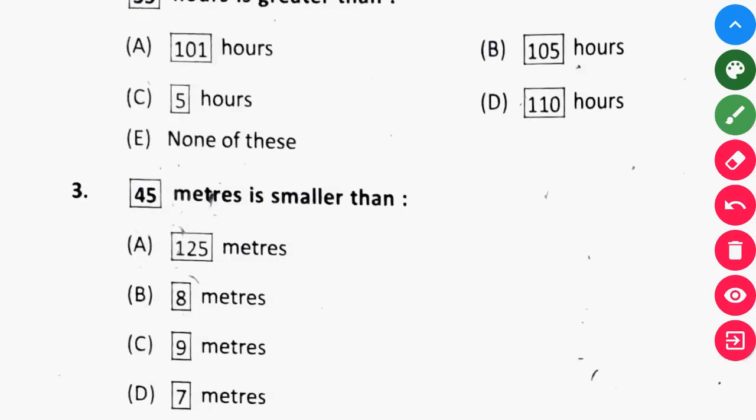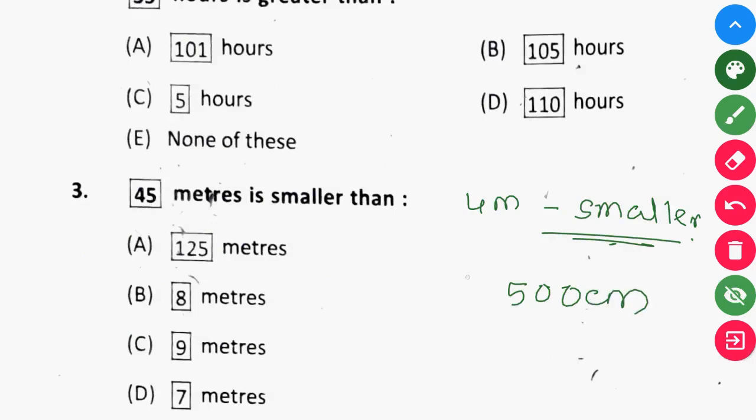Now if the question is asked like this: 4 meter is smaller than 500 centimeter, 9 meter, or 300 centimeter.